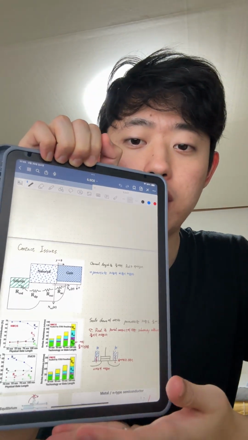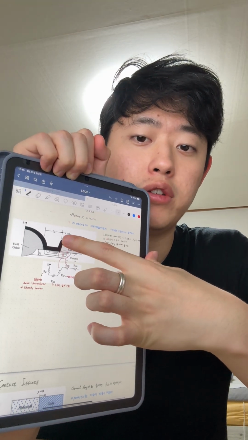And this is the contact issue. I'll talk about the contact issue. When I said contact resistance, that means there can be a contact resistance. The transistor will scale down very much. So other parasitic resistance like spreading or AC or SD can go down, but contact resistance is not easy to scale down.